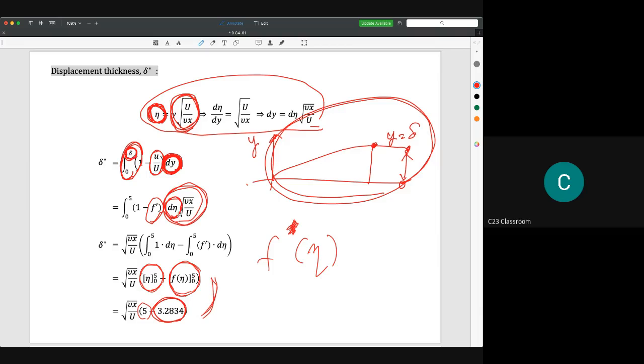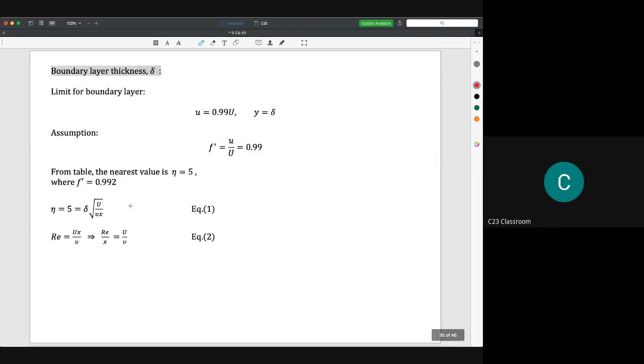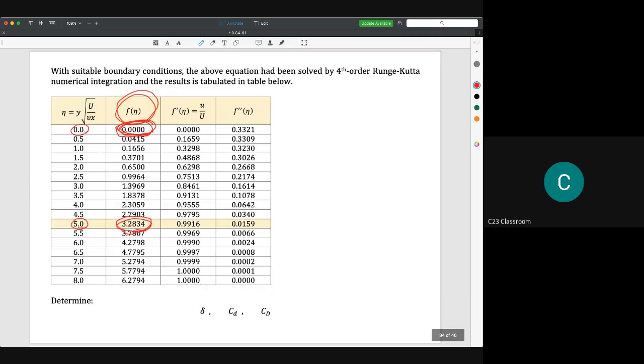So now for eta, when eta reaches the boundary layer thickness, the value of eta is 5. That's why we change the limit from 0 to 5.0.